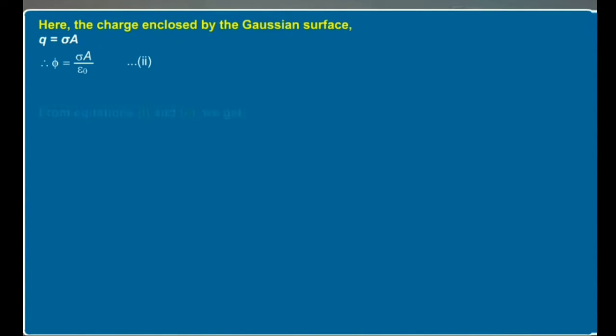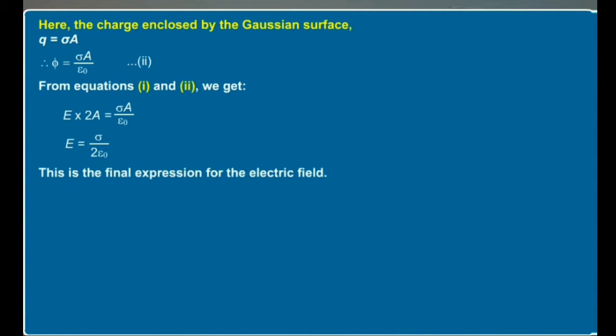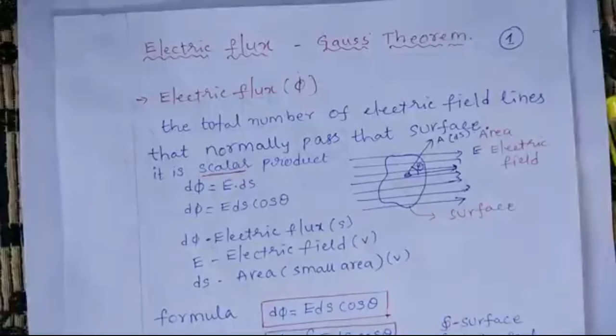From equations 1 and 2 we get E into 2A is equal to sigma A by epsilon naught. A gets cancelled, so E is equal to sigma by 2 epsilon naught. This is the final expression for the electric field.